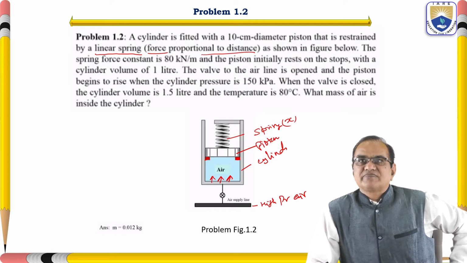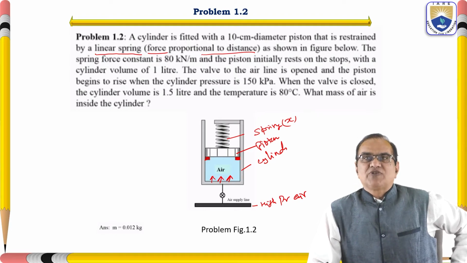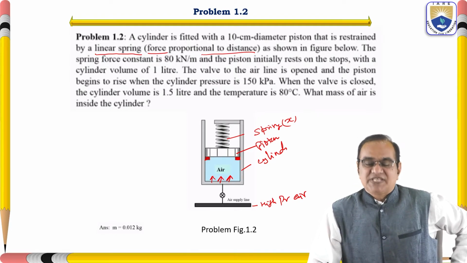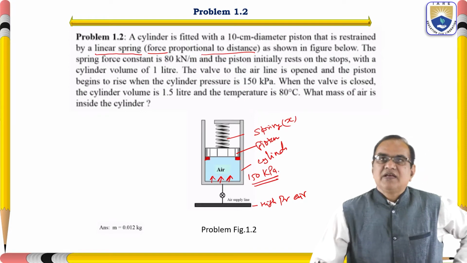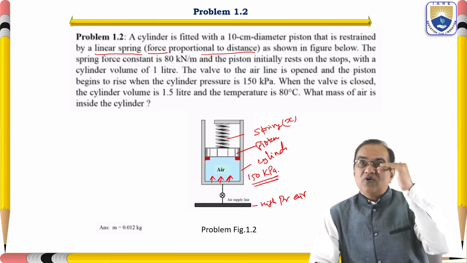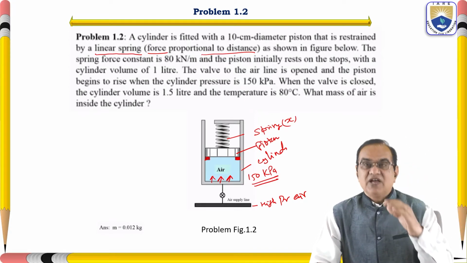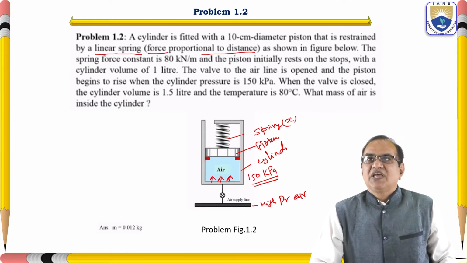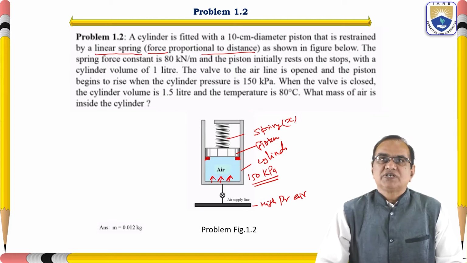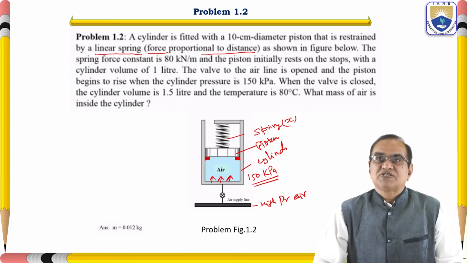The piston begins to rise when the cylinder pressure is 150 kPa. It will only start rising when the pressure is 150 kilopascal. When the valve is closed, the cylinder volume is 1.5 liter and the temperature is 80 degrees centigrade.